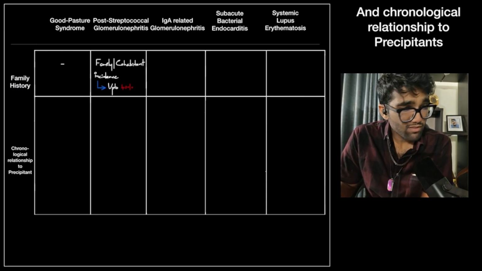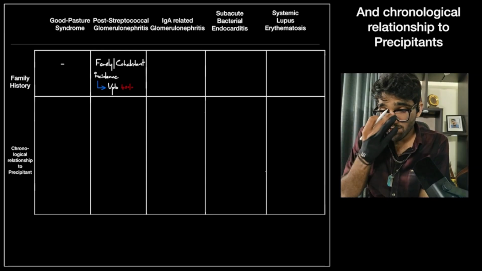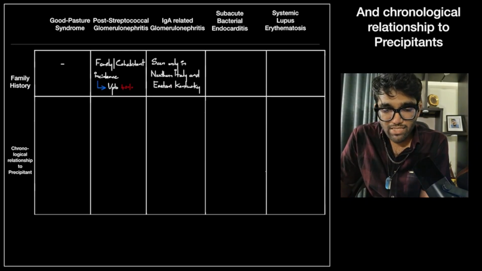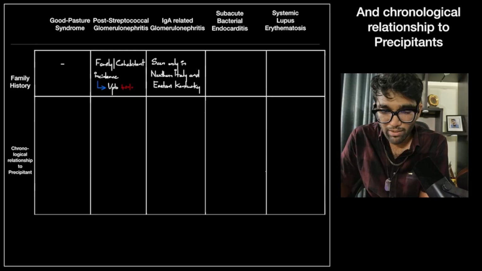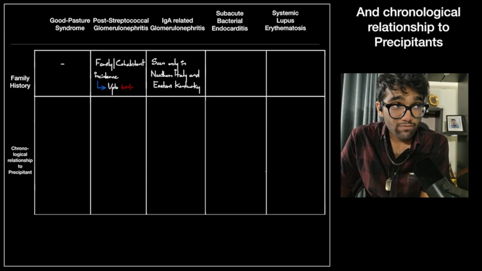Post-streptococcal, because it is an infection-related disease, and that infection is airborne, family and cohabitant incidence is reasonably high in some data, so up to 40% concordance. IgA is not really, even though it is likely genetically mediated, universally considered in all data to have to be inherited in a family.